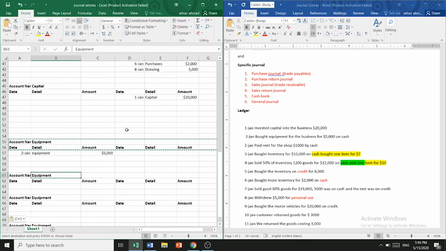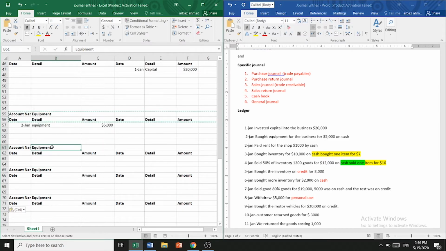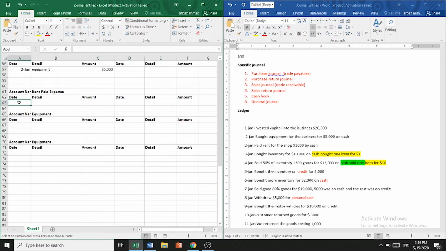So the next entry is we paid the rent. Okay, so if we paid the rent, it's going to be rent paid expense, or you can say just rent expense. Copy the same thing and we are going to paste it over here.